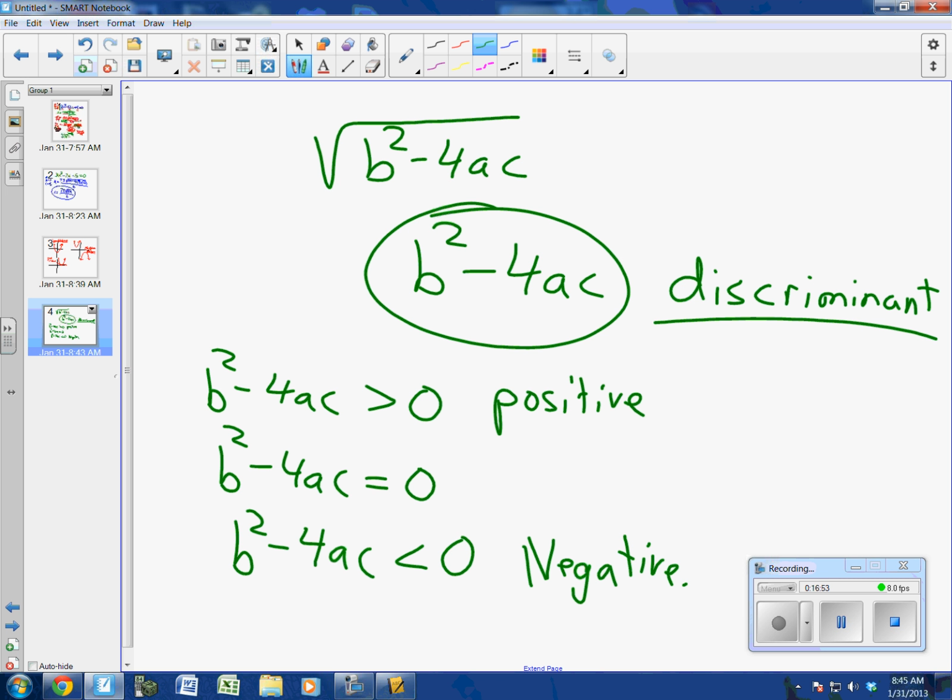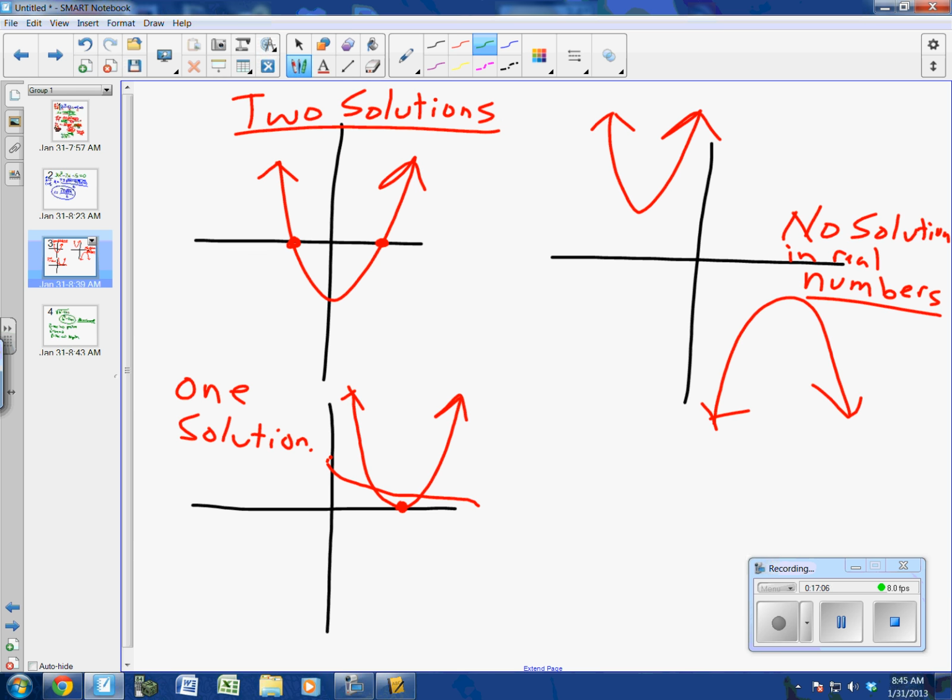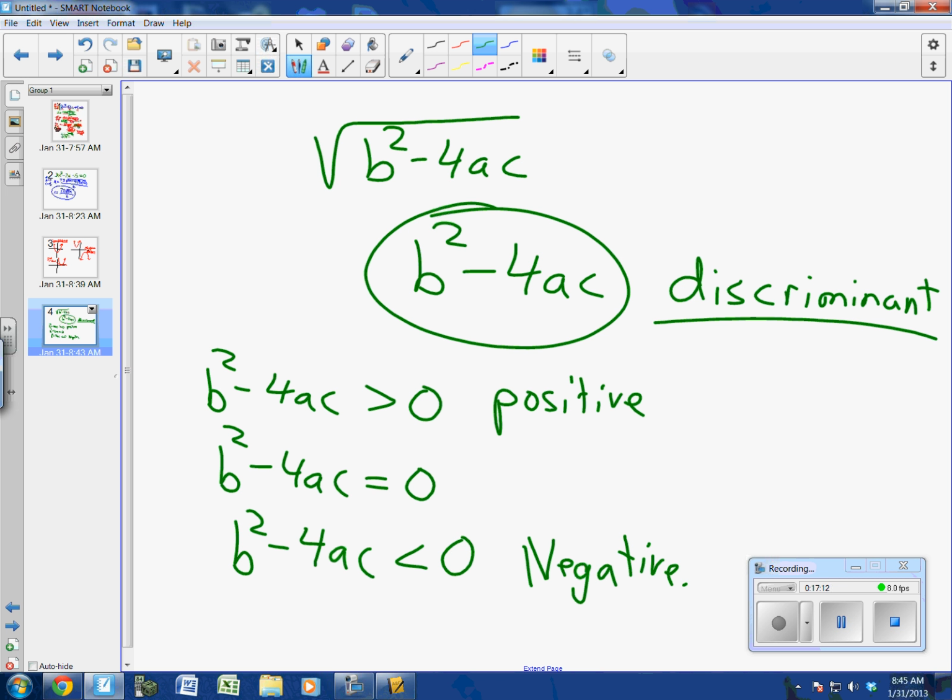In other words, this is going to tell us what kinds of solutions we're going to get. If I get a positive number in there, like we did on those two examples, what kind of solutions do you think we're going to get? 2 real solutions, right? Okay, so we're going to get 2 real solutions.